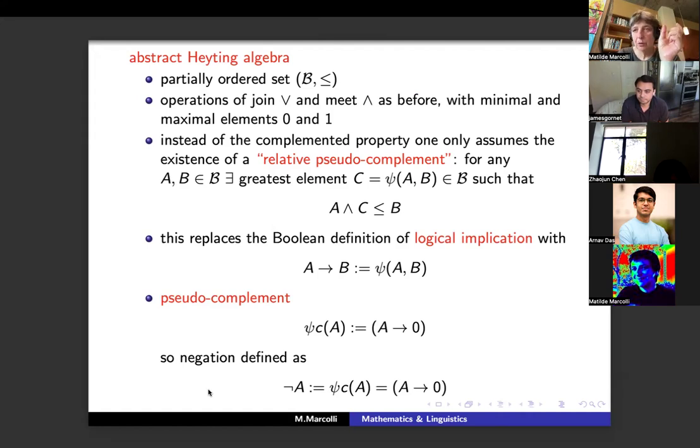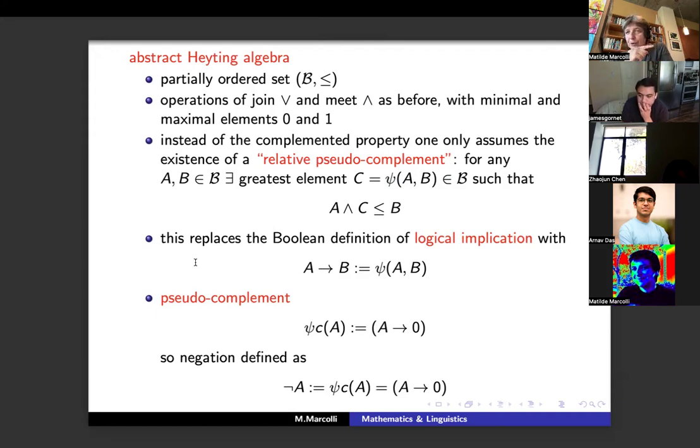If you take any two elements A and B in your Heyting algebra, there is a greatest element, greatest with respect to this ordering structure, with the property that A and C is less than or equal to B, and you call this the pseudo complement of A and B. The pseudo complement is designed to give you a replacement for the logical implication in the Boolean sense.